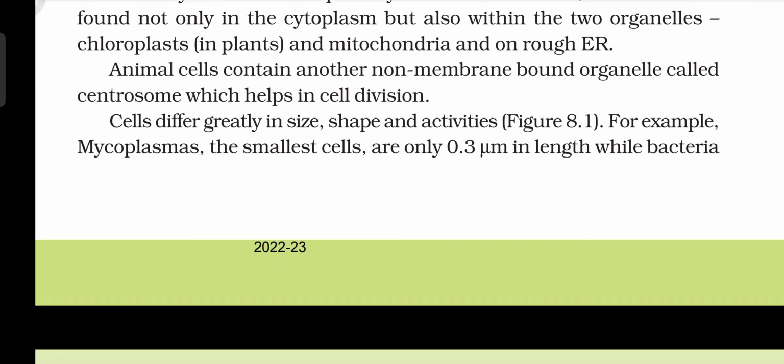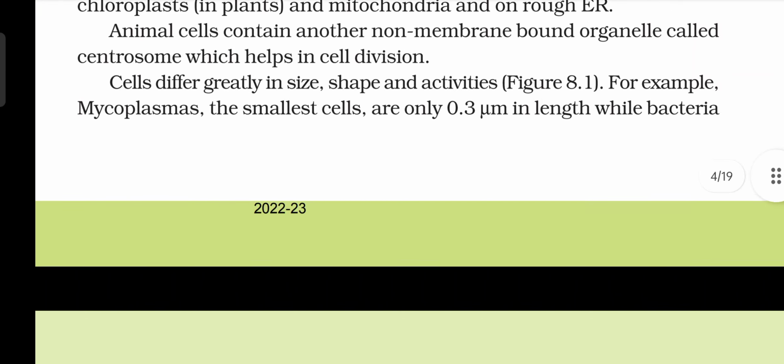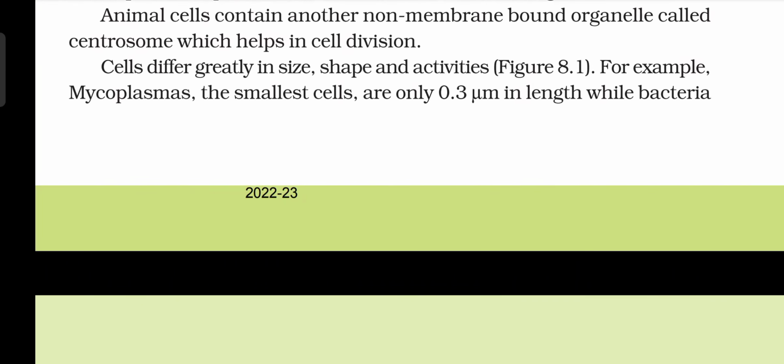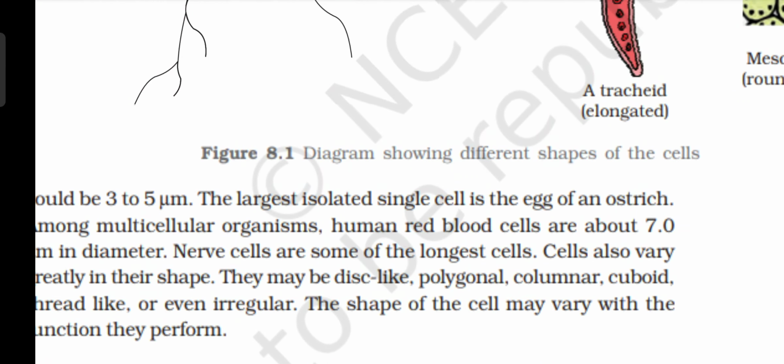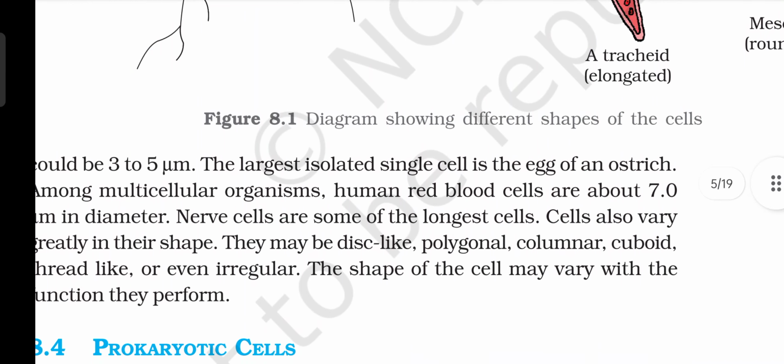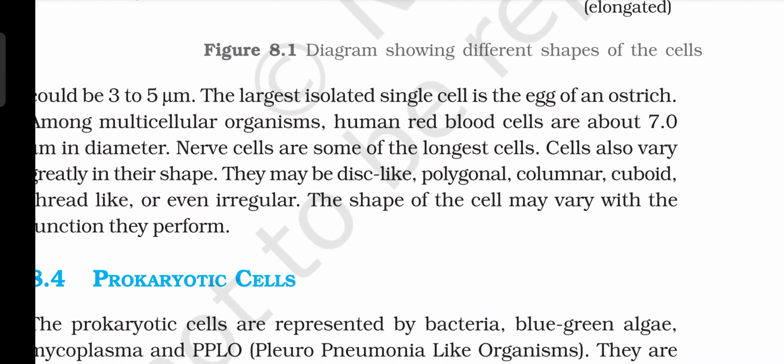Cells differ greatly in size, shape and activities. For example, mycoplasmas, the smallest cells, are only 0.3 micrometre in length, while bacteria could be 3 to 5 micrometre. The largest isolated single cell is the egg of an ostrich.